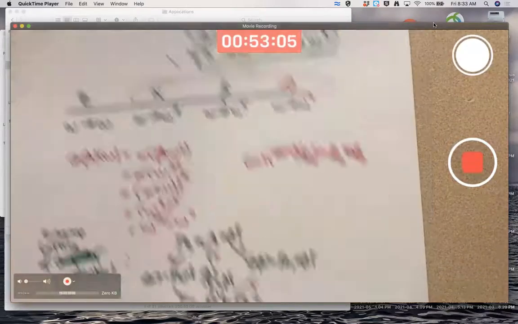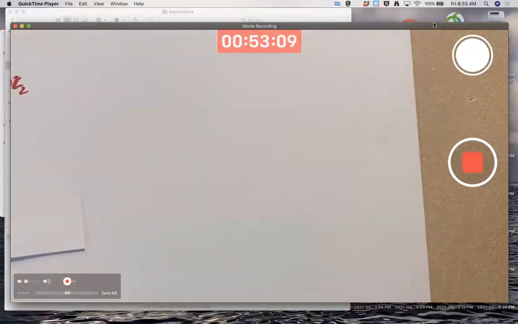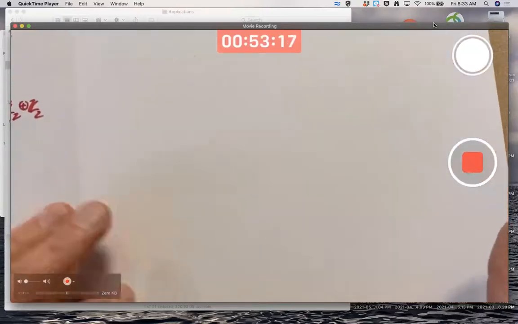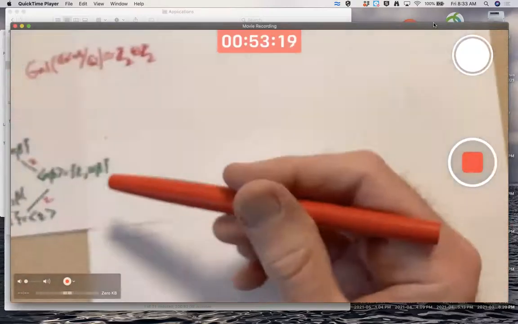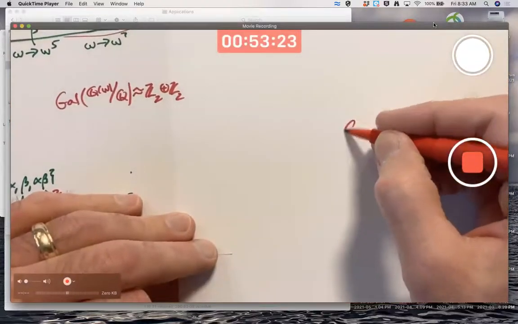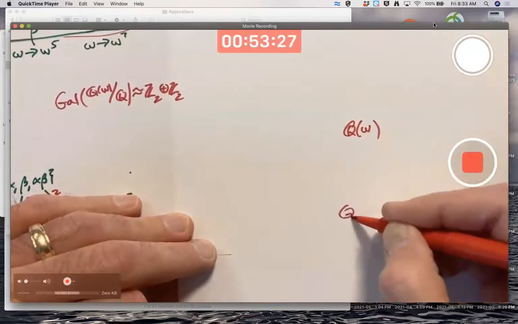What will the tower of fields look like? It's actually a bit tricky to write it down here in this case, trickier than you would hope. It will have a similar structure. I put Q of omega on top and Q on the bottom.